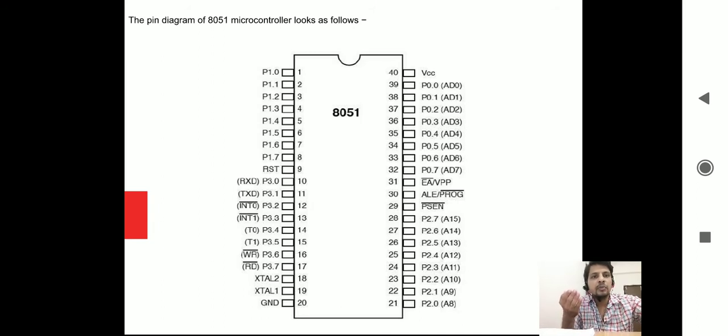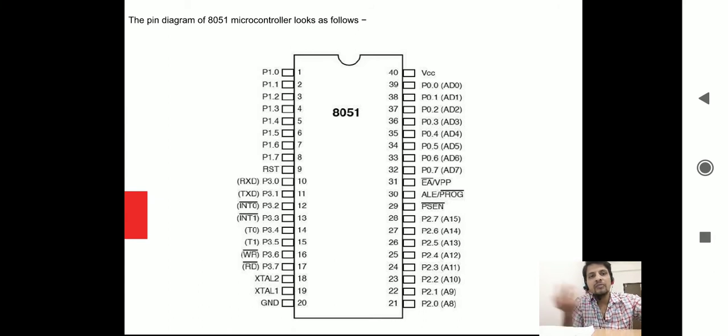The 11th pin, TXD, is used to transmit the data. Pins 12 and 13 are used for the interrupts to the microcontroller. Pins 14 and 15 are nothing but the timers.